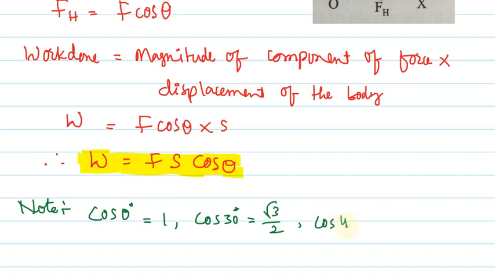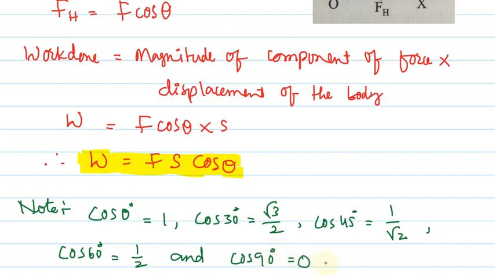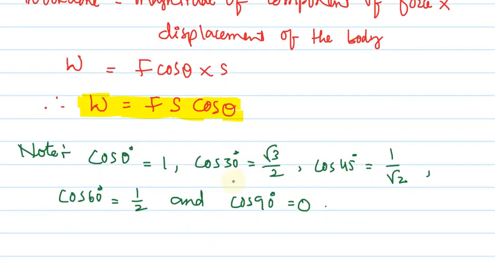Cos 45 degrees is 1 upon root 2. Cos 60 degrees is equal to 1 by 2. And cos 90 degrees is equal to 0. So this is the third possibility, where the expression of work done is W equals Fs cos theta.